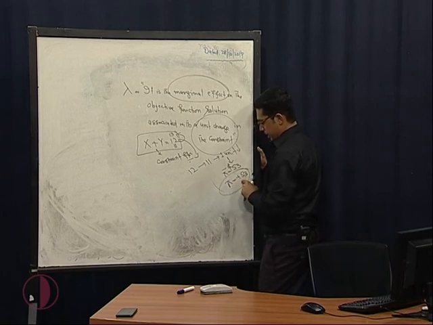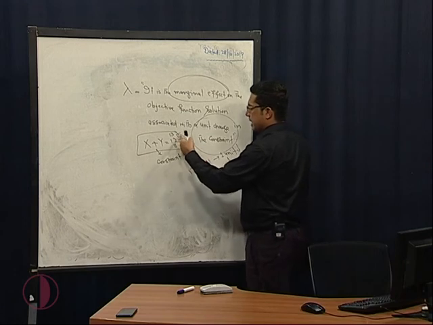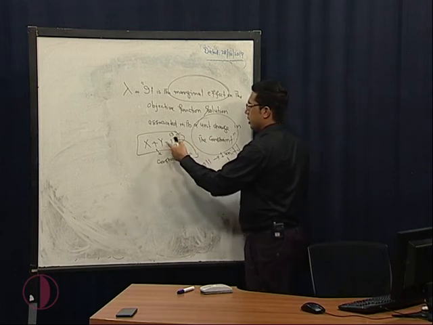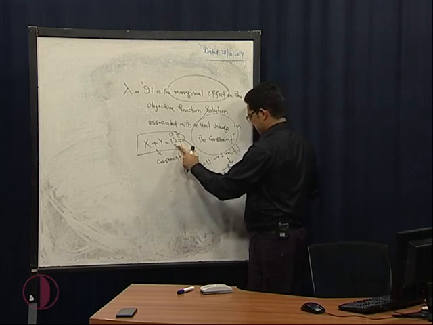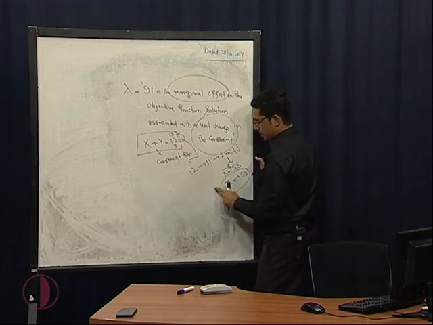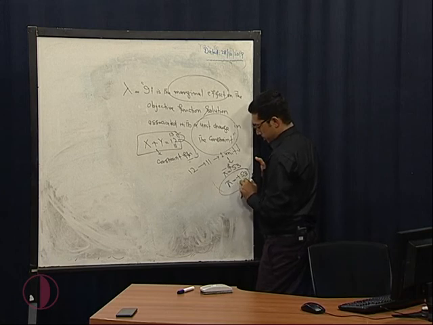So decreasing a single unit of the output capacity from 12 to 11, the total profit of the business firm will reduce by $53.